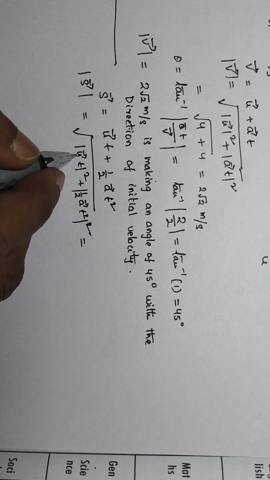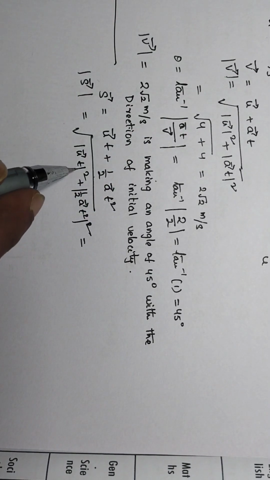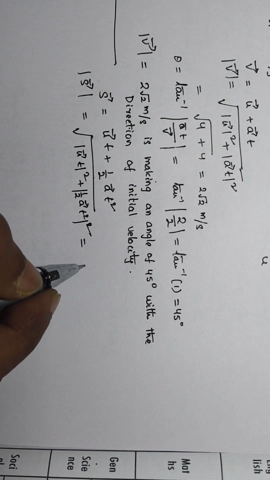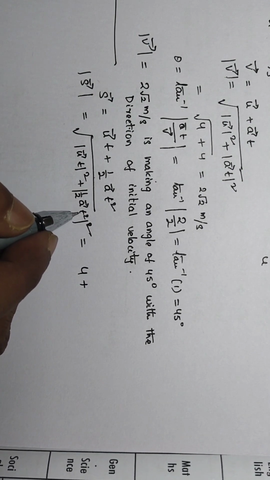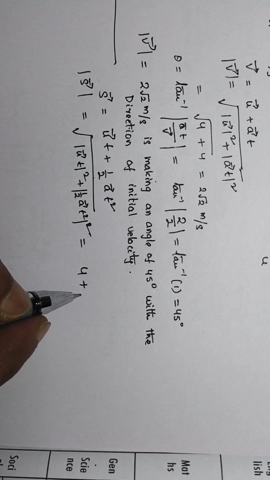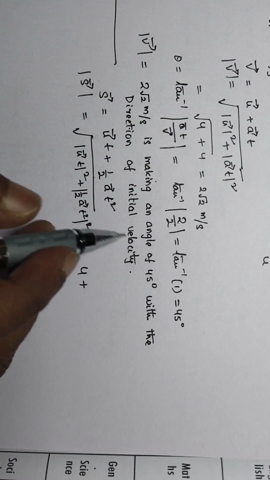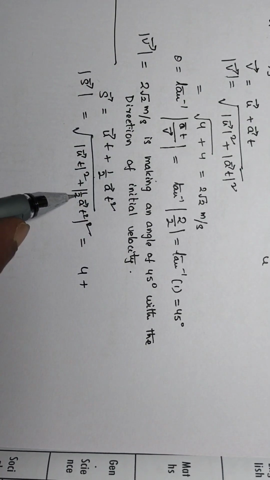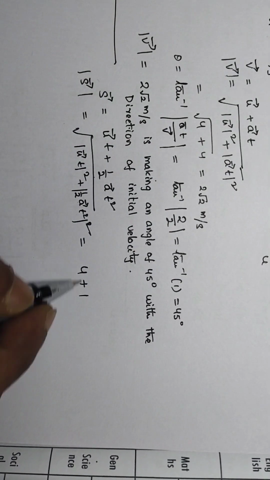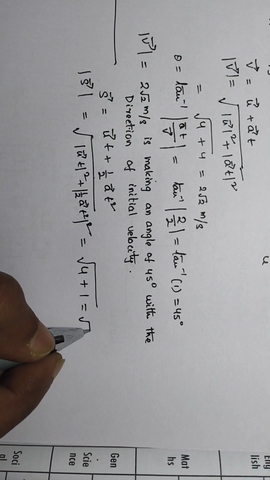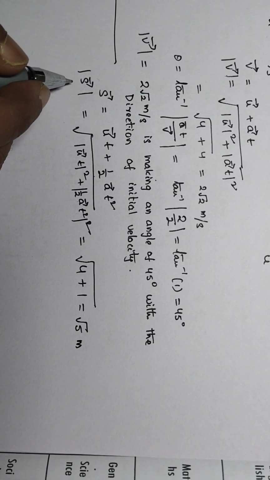That is equal to u is 2 into 1, 2 square is equal to 4, plus a is 2, half a is 1, t is equal to 1 second, that is equal to root 5 meters, the displacement after 1 second.